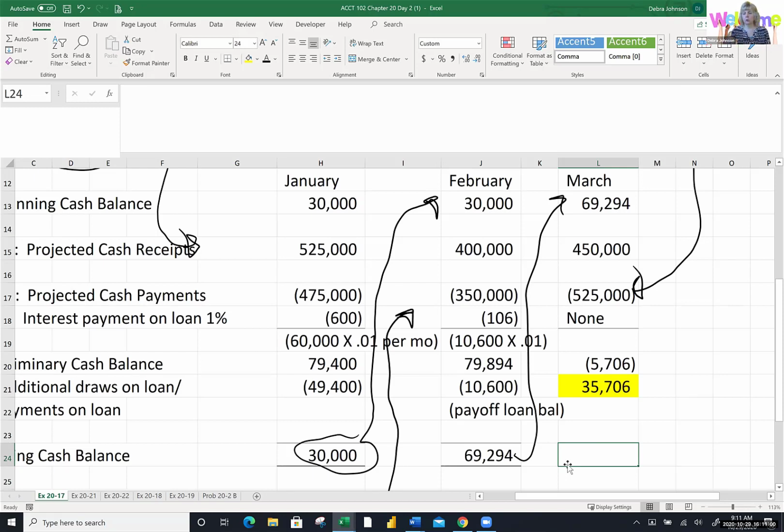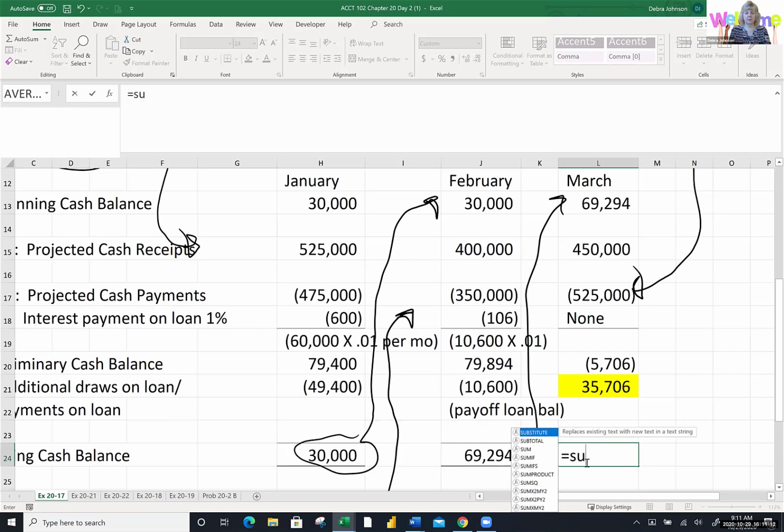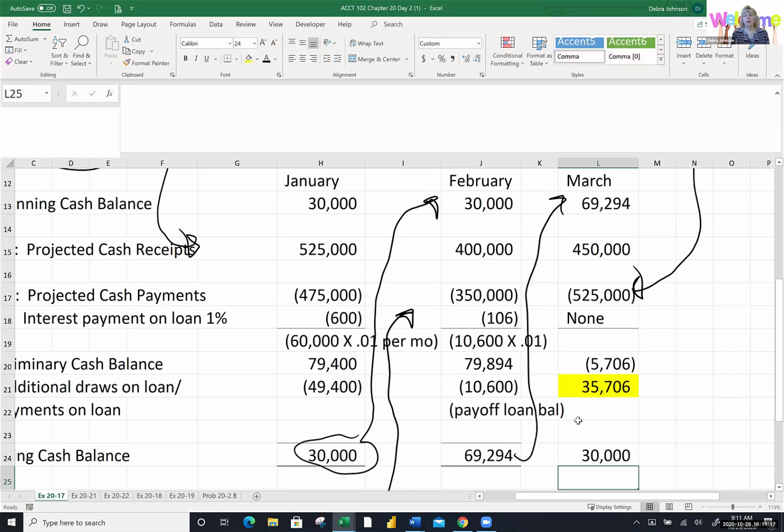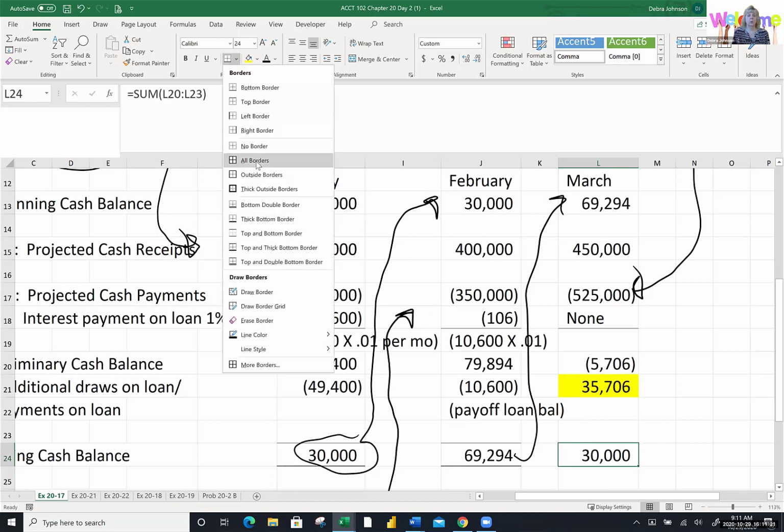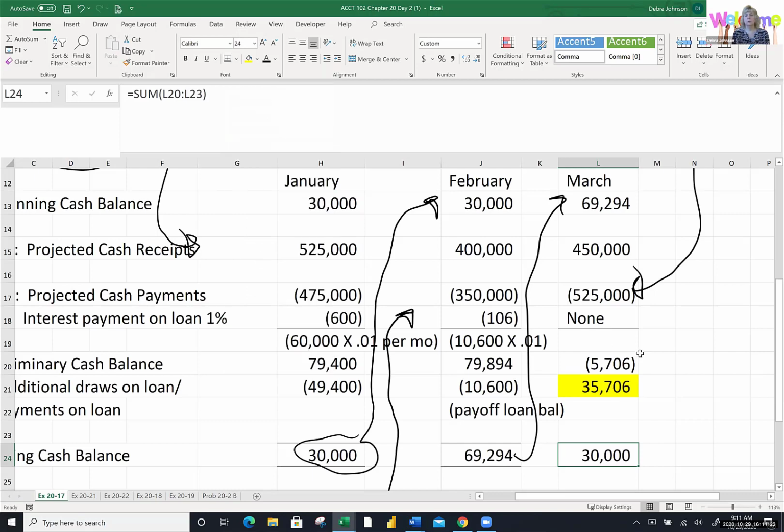They can call your loan due all at once, and nobody wants that to happen. So when I foot this, you're going to see that that does bring my balance up to 30,000. Let me do the equal sum so you can see that when I sum that up, I now have the required $30,000 line.